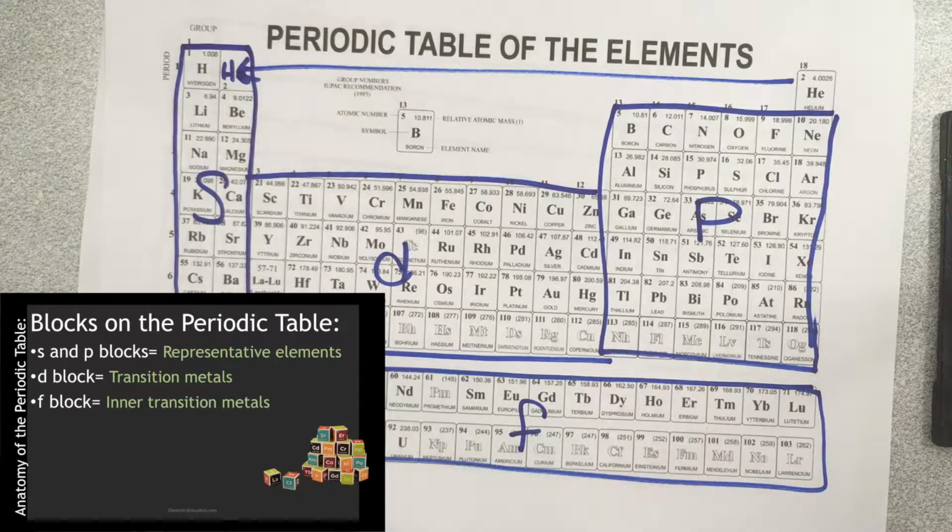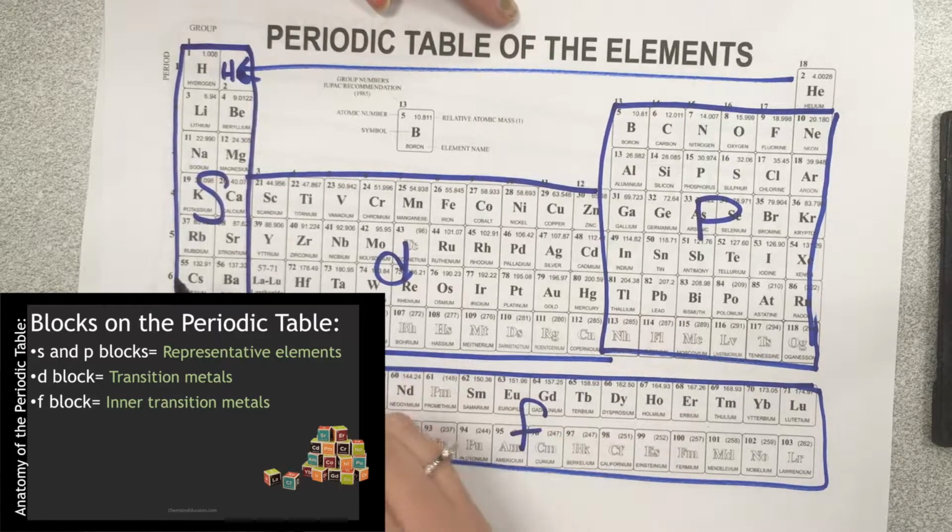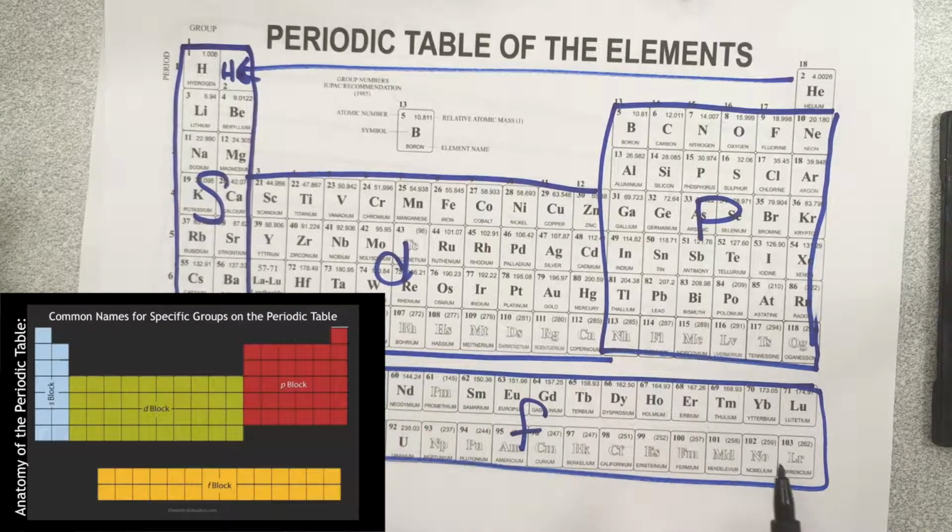You're going to learn again in the electron configuration unit about orbitals. There's an S orbital, P orbital, D orbital, F orbital. You should have learned that when you went on your peer review gallery walk in the project that we just finished on Friday. But that doesn't mean you memorized it. I'm just saying you're going to see these letters often in this class.